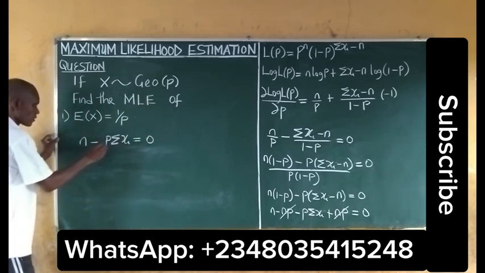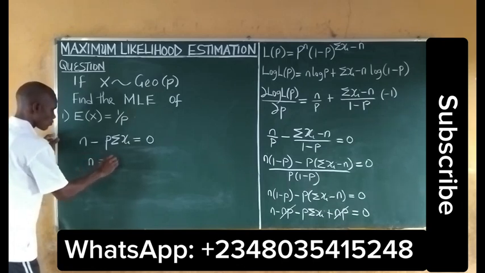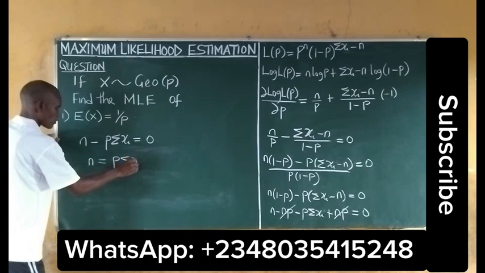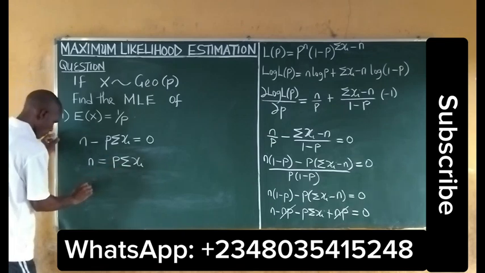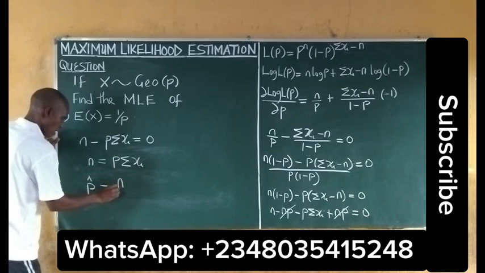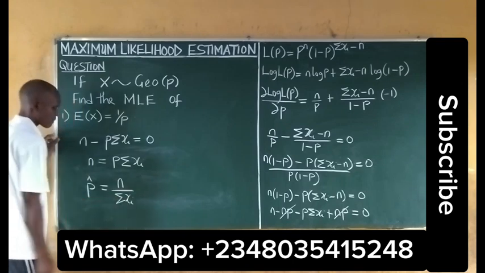So this can go over to this side to give us n to be equal to p summation xi. So our p estimate will be equal to n all over summation of xi.